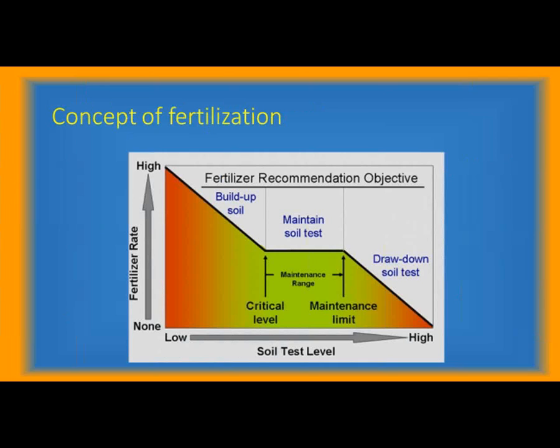Okay, we'll spend a little bit of time with this. This conceptually shows the different areas you can be with soil testing. In other words, whatever the critical values can be. This is a generic chart that I've got, or figure, that shows a couple key levels, and then we'll talk about the strategies of what you do depending where your soil test falls on this particular line or figure.